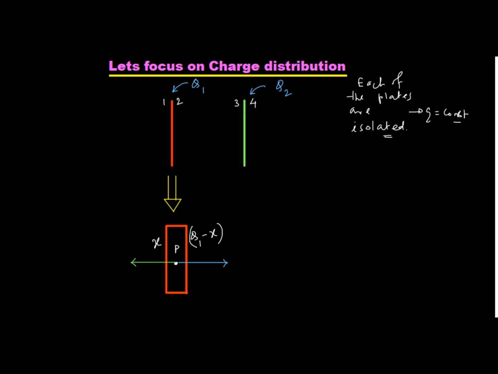Try to learn, right? Now I am thinking about this point P. You imagine this x is a positive charge, and this one is also a positive charge. This point P is taken inside the plate.